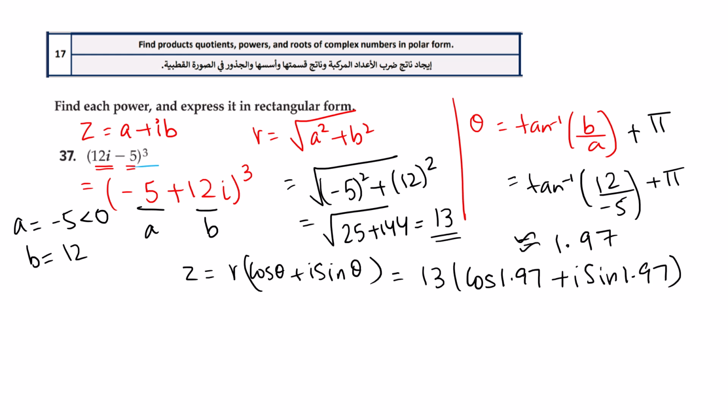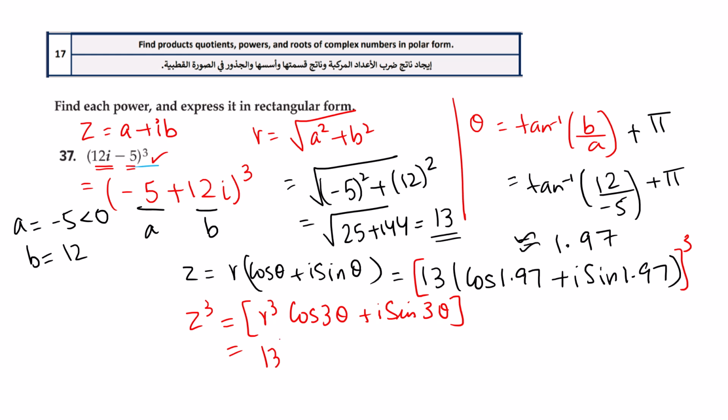Now that we have converted to polar, let's use de Moivre's theorem. The power here is 3, so that means I have to find z to the power 3, which is r to the power 3 cos 3 theta plus iota sine 3 theta. So I'm going to put it to this power. This power 3 means 13 to the power 3, which if I use the calculator will come out to be 2197.